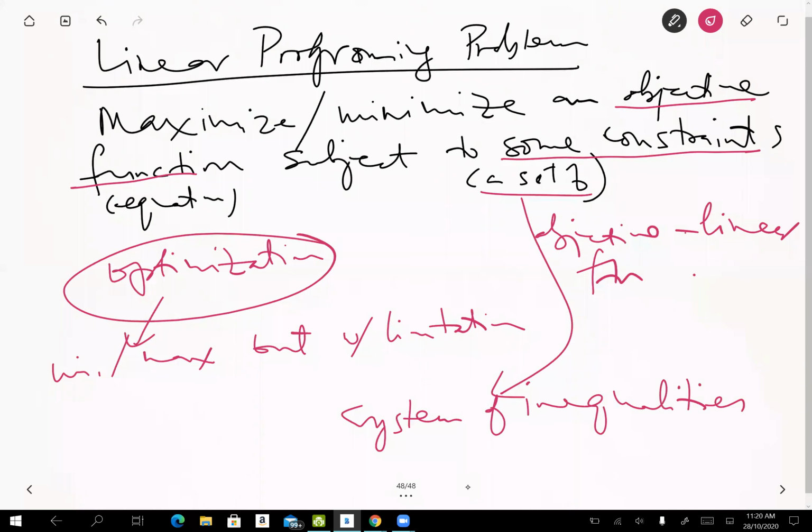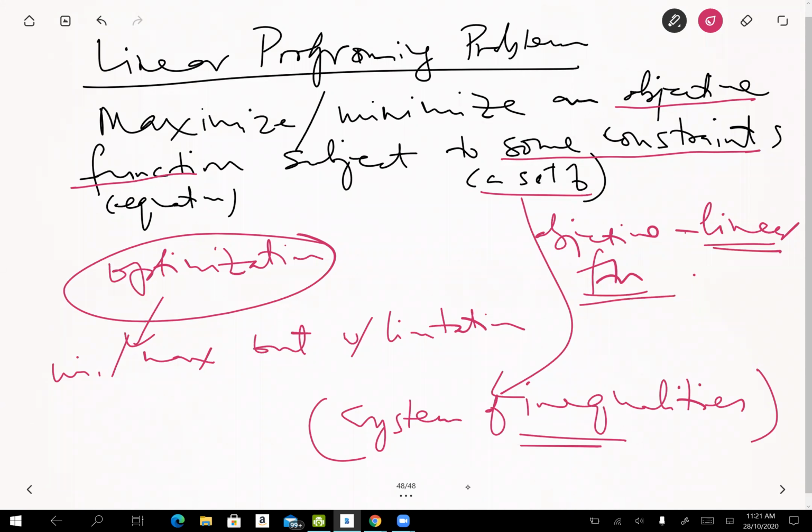That means the constraints will consist of two or more inequalities. There is a system there. So given these constraints, the inequalities, you want to maximize or minimize the objective, which is presented by a linear function.